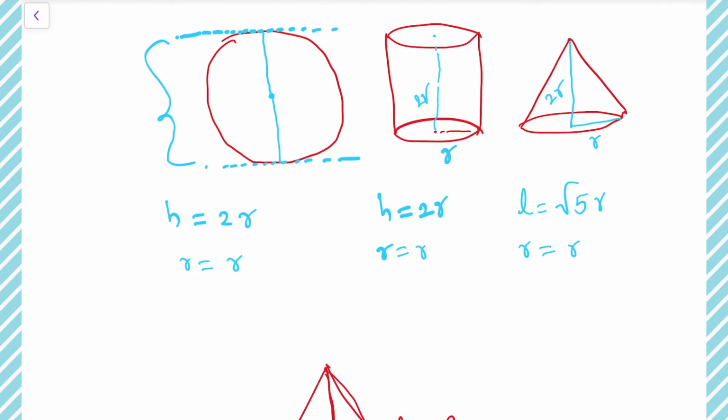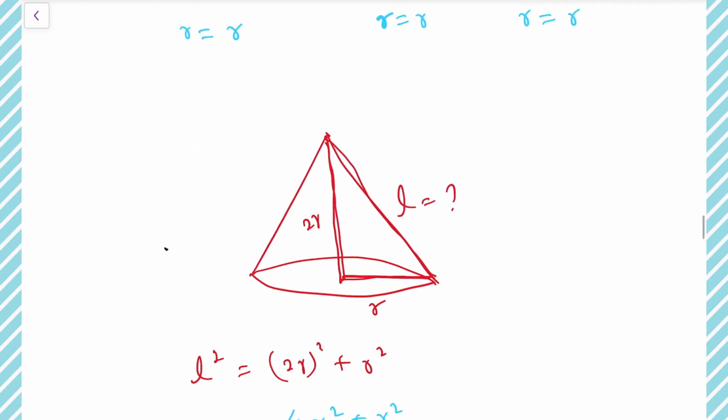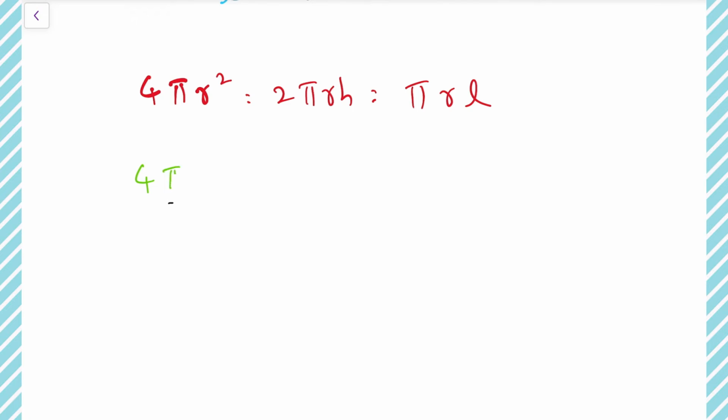Now he is asking to find out the ratio of these curved surface areas, right? So let us apply one by one now. First, the curved surface area of the sphere, 4 pi r square, is to the curved surface area of the cylinder, 2 pi r h, is to the curved surface area of the cone, pi r l. Now this 4 pi r square I am writing as 4 pi r into r, is to 2 pi r h, is to pi r l.